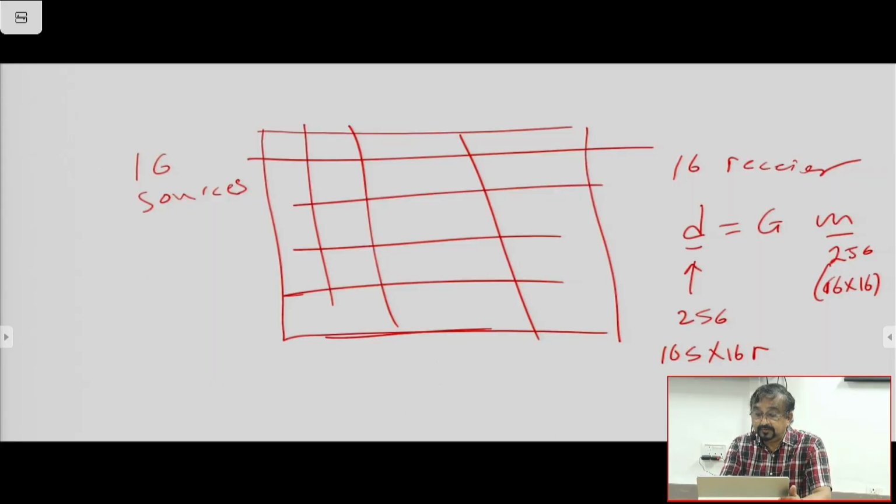So many variables, and therefore your G is 256 by 256, okay? So it's a square matrix, but still it won't invert because of rank deficiency. Okay, does that answer your question?